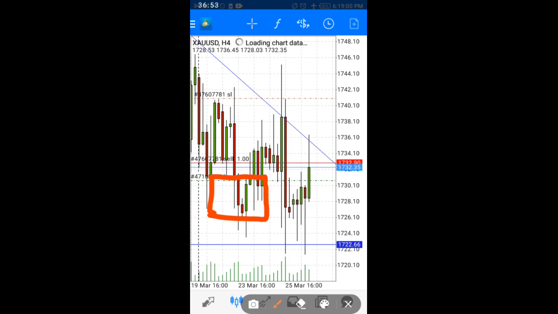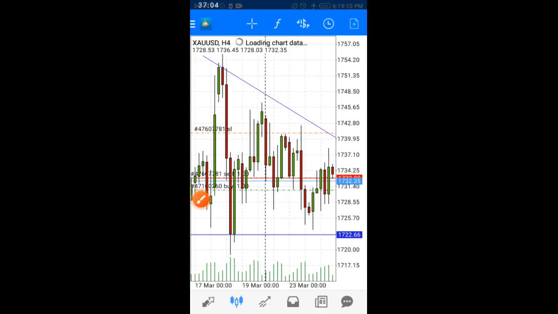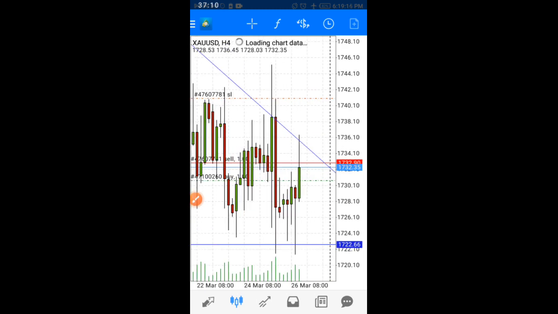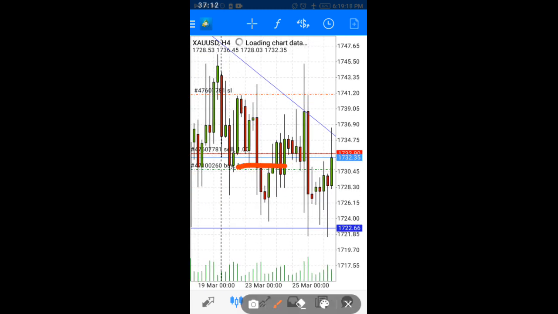And it happened on a major support area. And after it happened, price went up.